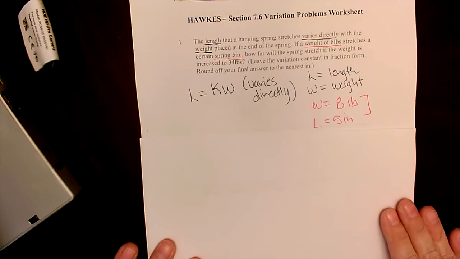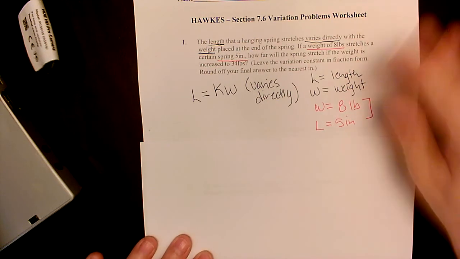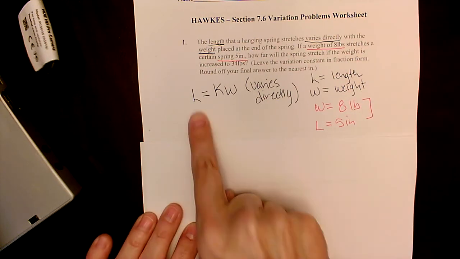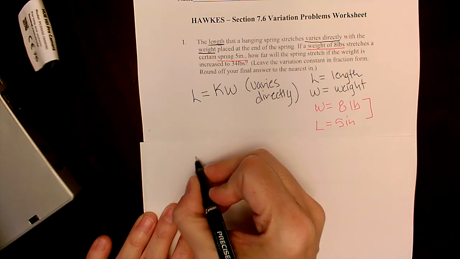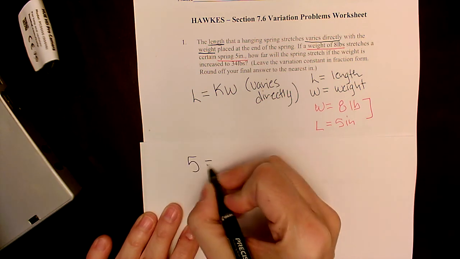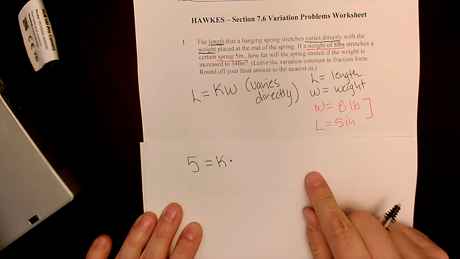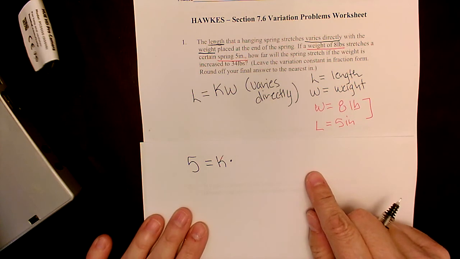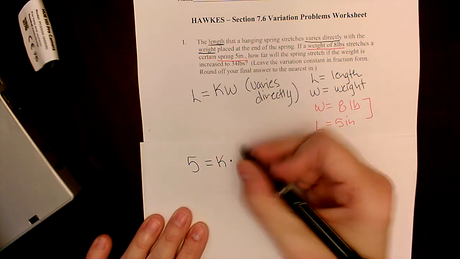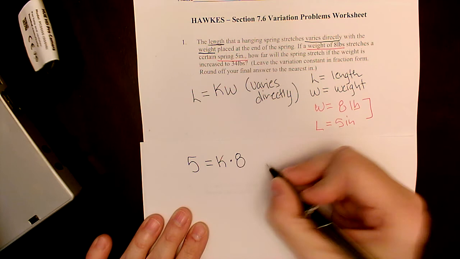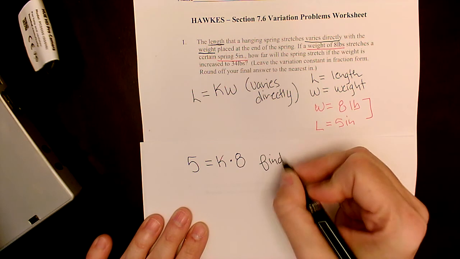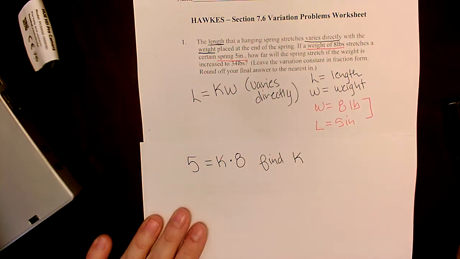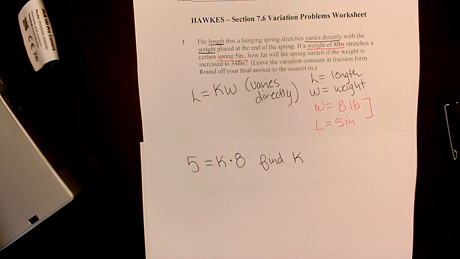and that's the constant that we need to find, right? So I'm going to plug in L, 5 inches, or just 5, equals K, we don't know, we're going to look for that. W is 8. Okay, and then we want to find K, because when we find K, we can do all the problems.